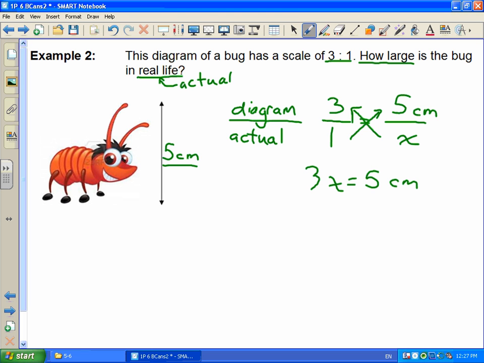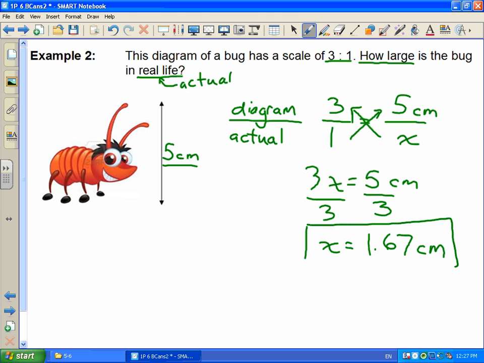And then I'm going to divide by 3 on both sides, and I'll get x equals, if I do 5 divided by 3 on my calculator, I get 1.67, and that's going to be in centimeters. So in real life, the bug would be 1.67 centimeters tall.